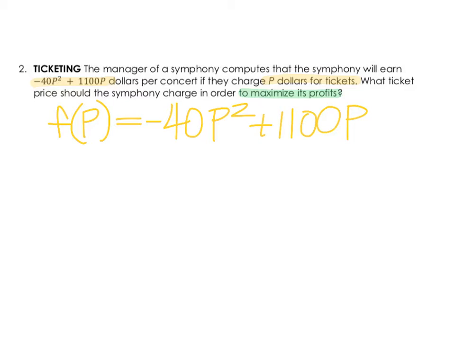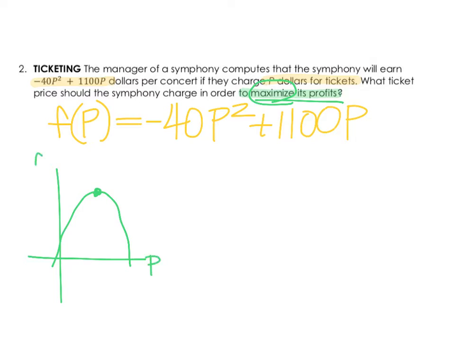Now we have this keyword here, maximize its profit. And we know the maximum of a quadratic function, right? If we have a quadratic function that looks like this, the maximum is going to be the vertex up here. So we're looking for the vertex if we're trying to maximize the profit. This is our p, and this is our f of p.